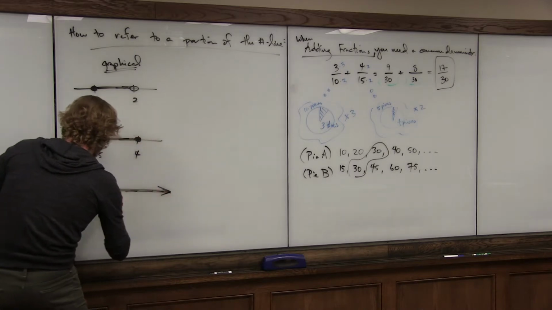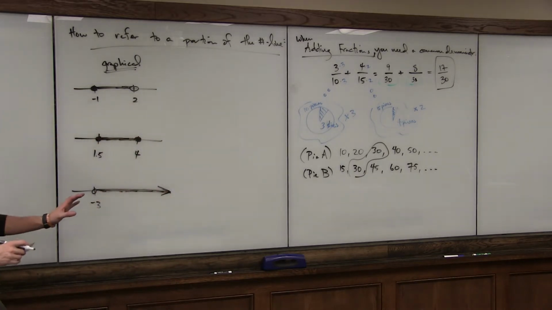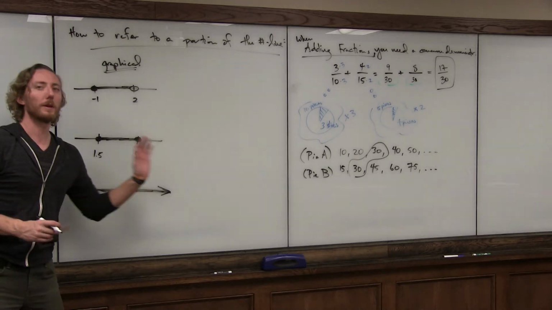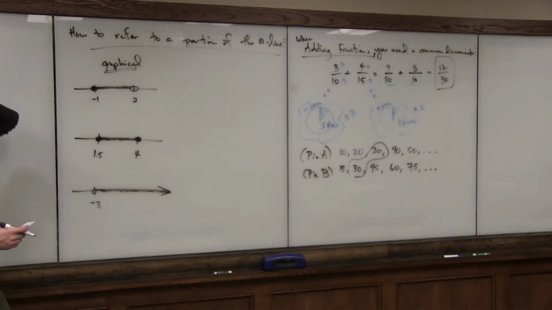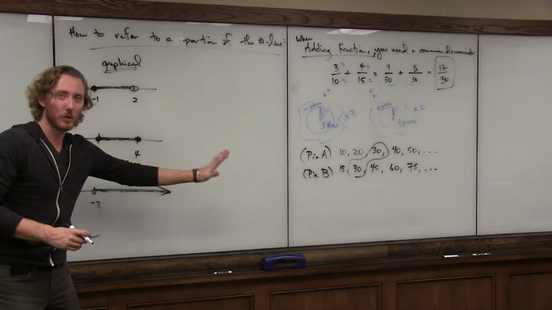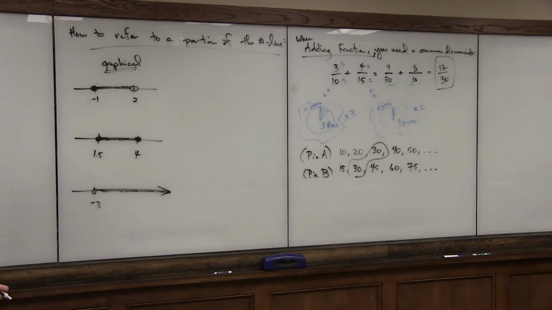All the way off to the right. So we're going to include -2, -1, we're going to include 0, 1, 2, 3, 4, 5, 6. In fact, 6.1, 6.11, 6.111. We're going to include pi, 2 pi, 3 pi. We're going to include all the numbers that lie to the right of -3.